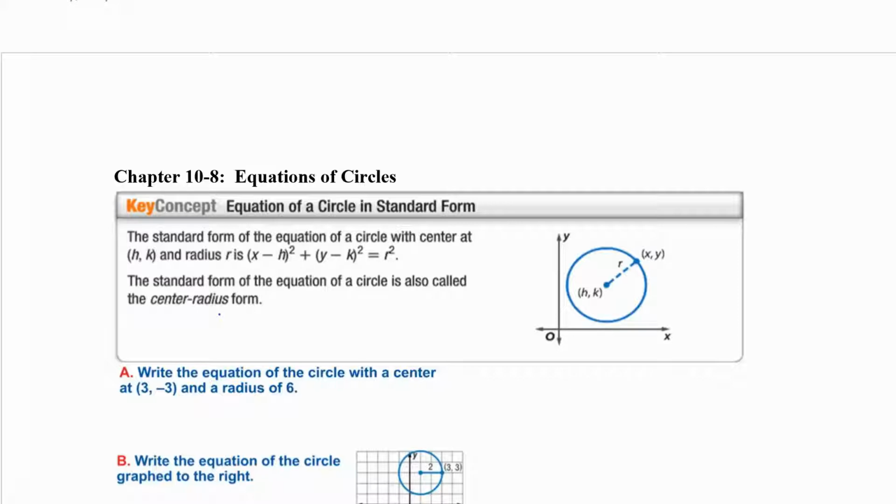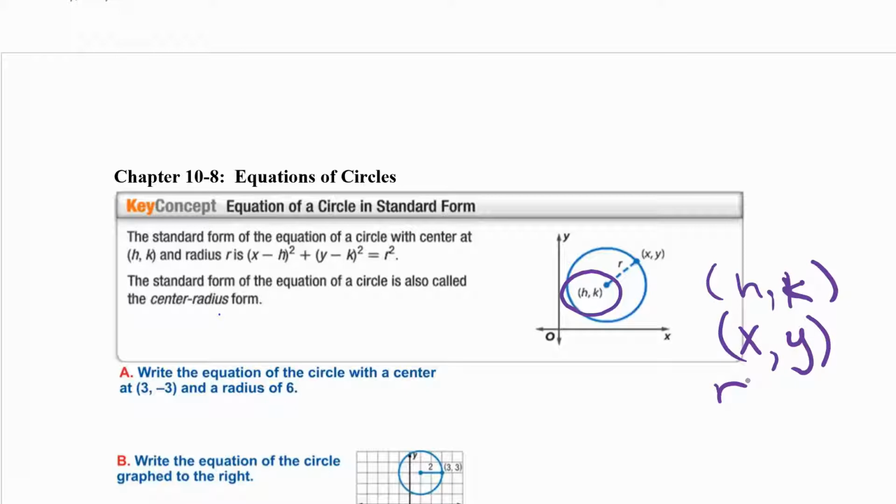For the circle, we're going to let (h, k) stand for the center. So the center will be the point (h, k), where h is the x value and k is the y value of our point. And r will stand for the radius.